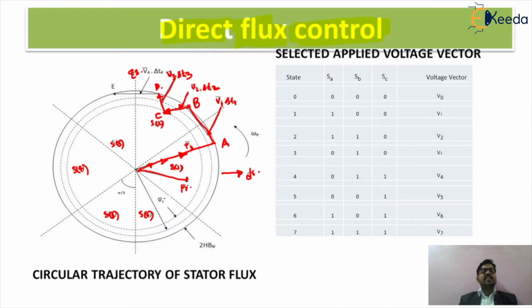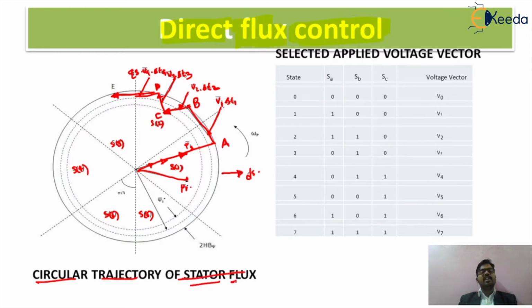From that, the stator flux will again move from point D to E, shown by this phasor. While the stator flux changes, it is shown by the voltage value V4 into del T4. This will be the actual representation of the circular trajectory of the stator flux.